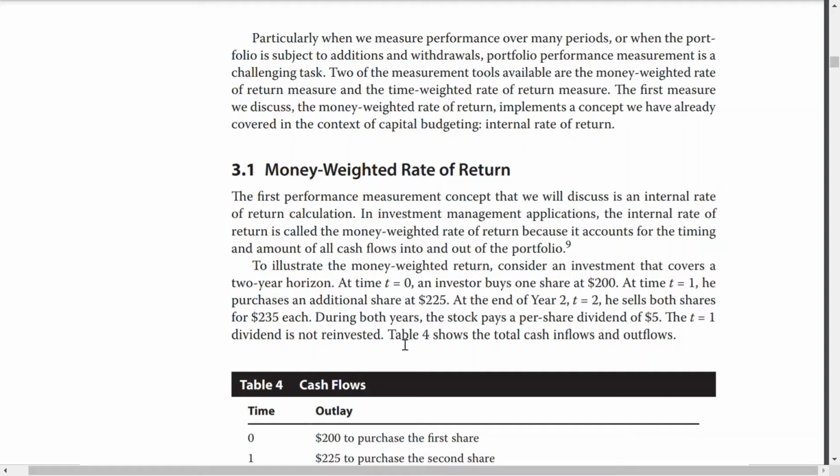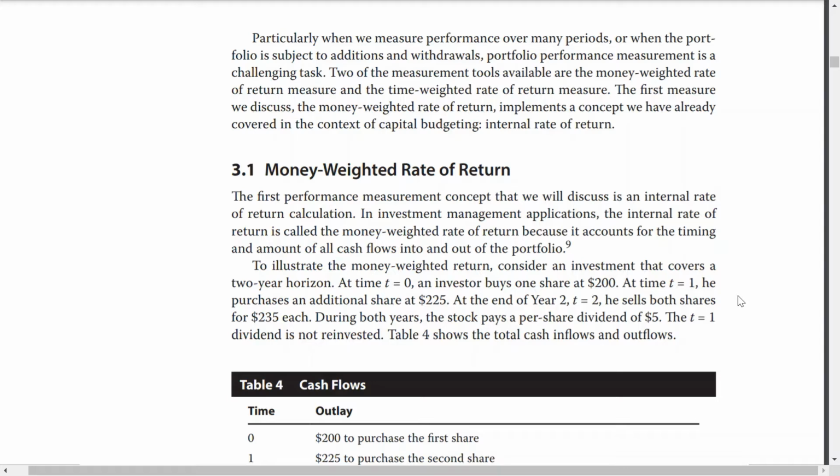To illustrate the money-weighted return, consider an investment that covers a 2-year horizon. At time 0, an investor buys one share at $200. At time equals 1, he purchases an additional share at $225.